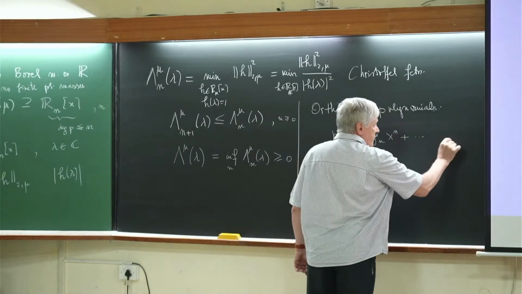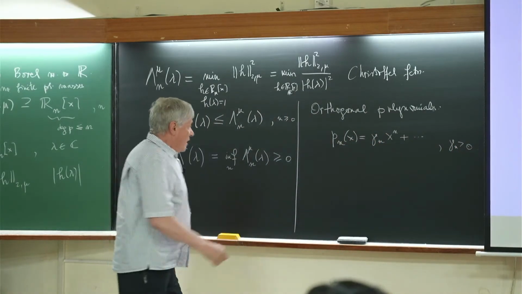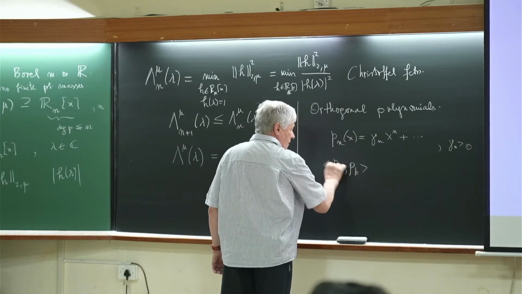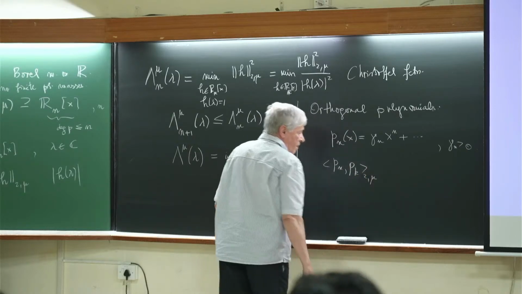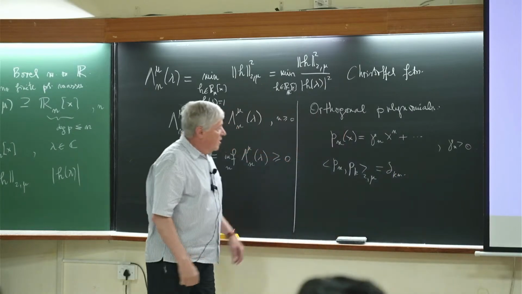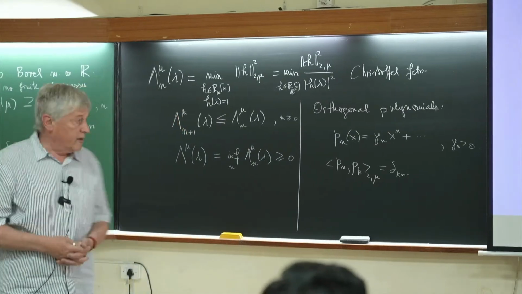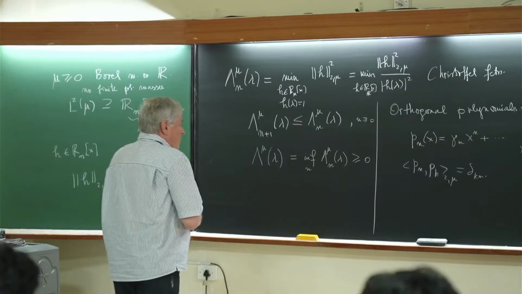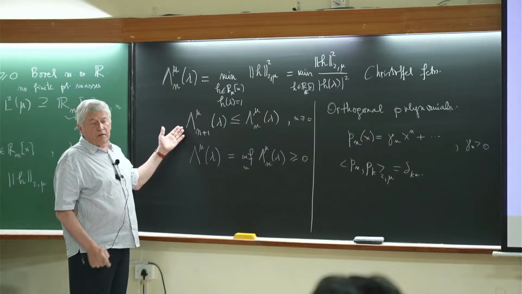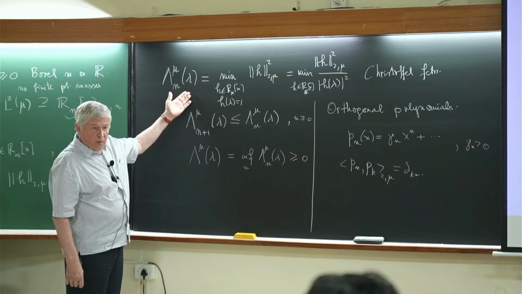We can normalize this so that the leading coefficient is positive, and so that the inner product in the Hilbert space is delta Kn. This is unique. It exists because the measure doesn't have finite support. And now, the second good exercise for the linear algebra students, how do we compute this minimum?